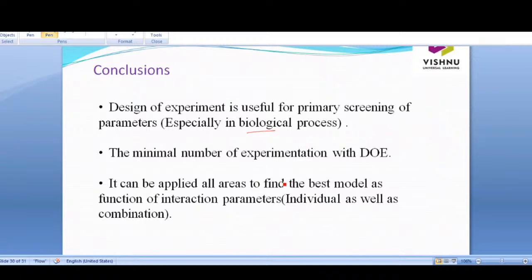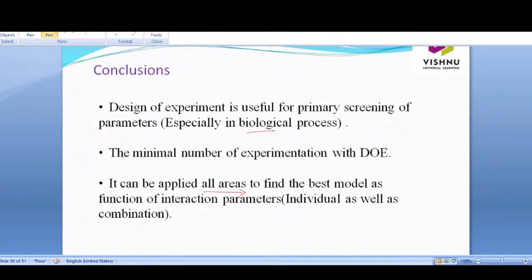It can be applied to any type of area, whether biological, chemical, mechanical, or pharmaceutical, wherever there is a product you want to get. I have seen many applications, especially of the central composite design. So it is a vast area, and this process can be applicable to all kinds of areas.